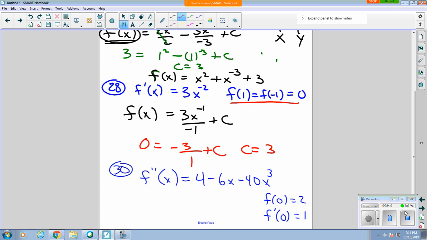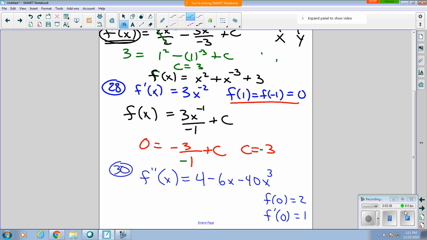All right, but here's the problem, everybody. What happens if I put in negative 1? Guys, if I put in negative 1, I get c is negative 3. So the question becomes, what does that mean for this function?